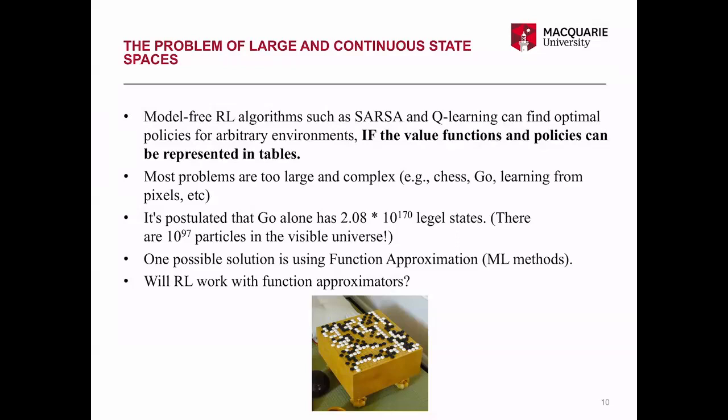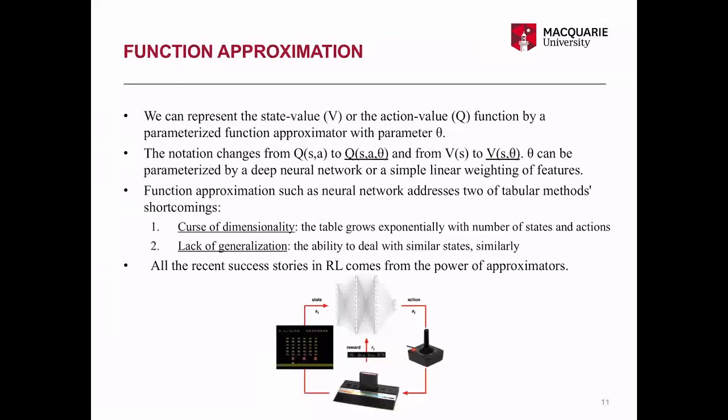This can also be one of the problems with functional approximation methods, because once you update your network, you're not necessarily updating one state and action, you're updating multiple states and actions. And if you use a very bad method, your model may never really converge. So the next question is, will reinforcement learning work with functional approximators? This is what we're going to talk about later.